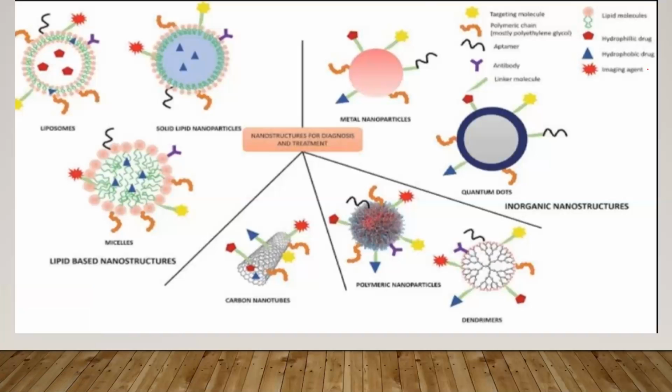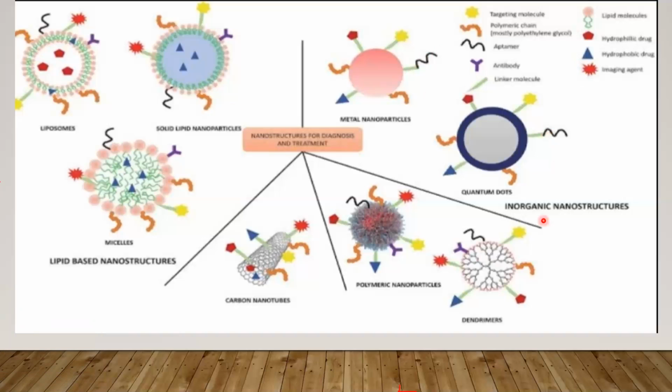You can see over here, targeting molecules. Orange color attached to these nanostructures are polymeric chains. Black color attached to these nanostructures are aptamers.